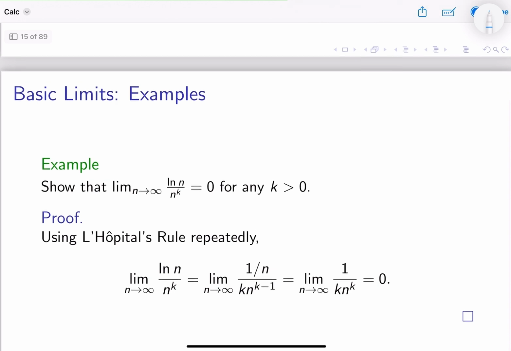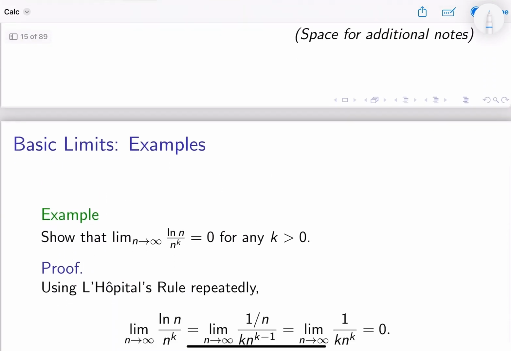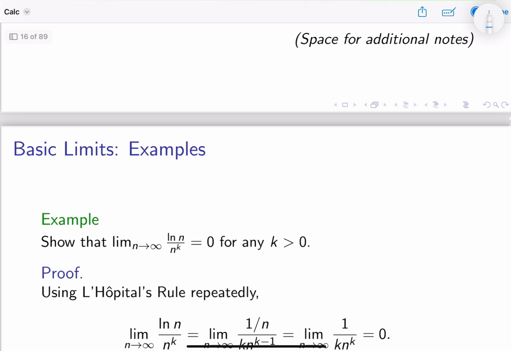So let's do another example using L'Hopital's rule. What's the limit of ln n over n to the k as n tends to infinity? I remind you, we proved in a previous slide that the limit of log of n over n as n tends to infinity is 0.